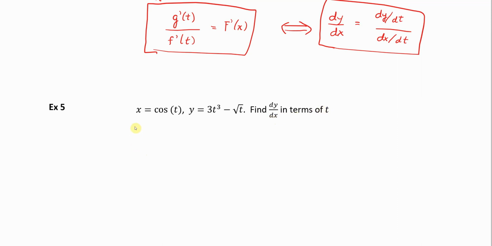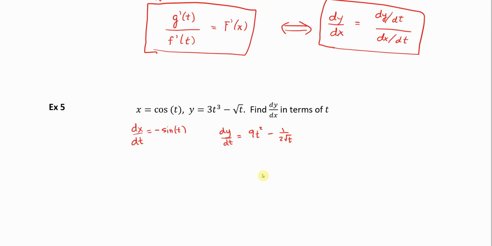Okay? So if I want to find dy dx in terms of t, the first thing I'm going to do is I'm going to find dx dt and dy dt. So the derivative of these individual equations with respect to t. The derivative of cosine is negative sine of t. The derivative of y, dy with respect to t, dy dt, is 9t squared minus 1 over 2 square root of t.